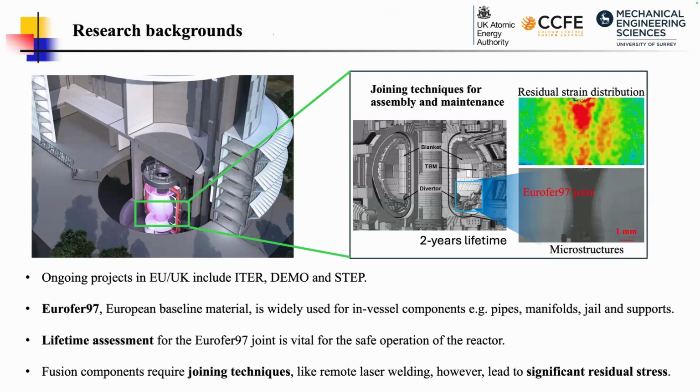We need to make sure of the lifetime of such joints to ensure the safe operation of the reactor. And one of the techniques which will be frequently used during the operation is remote laser welding. During the welding process, although it can seal the cracks or fix the problem, it also induces a lot of residual stress in the components.